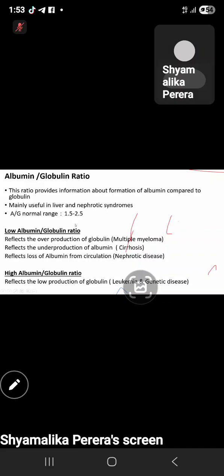So by looking at this albumin to globulin ratio, you can get an idea whether the ratio is altered due to the liver, where the synthesis is altered, or due to excessive excretion in nephrotic syndrome. Low albumin to globulin ratios are found due to overproduction of globulin, like in multiple myeloma, underproduction of albumin, especially in cirrhosis, and loss of albumin from circulation due to nephrotic diseases.